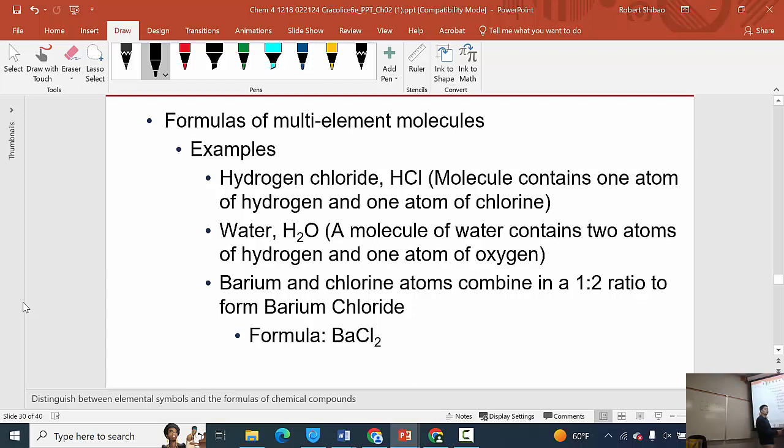Why don't they call that dichloride? They don't call it dichloride because barium is what we call a fixed charge ion. What's the charge on barium? So take a look on the periodic table and find barium. Do you see what group it's in? It's in group number 2, near the bottom. Can you tell me what the charge is?